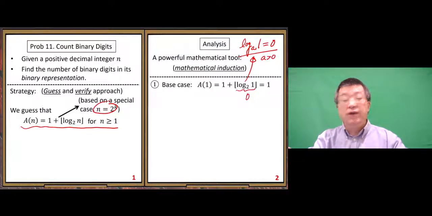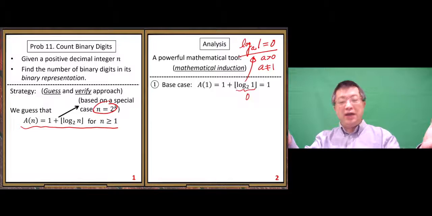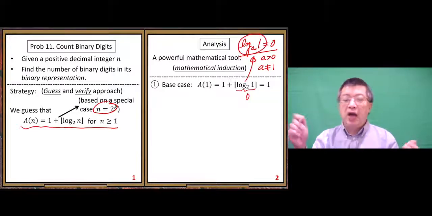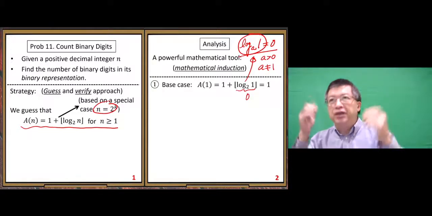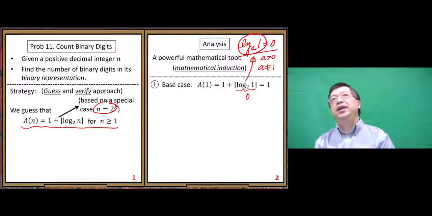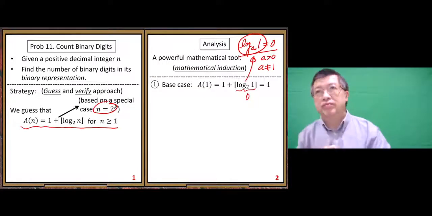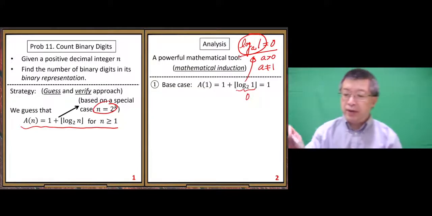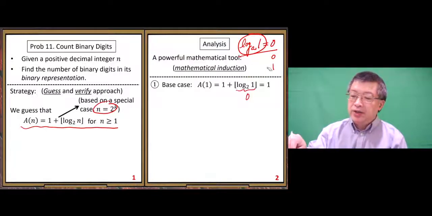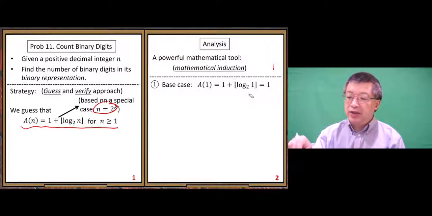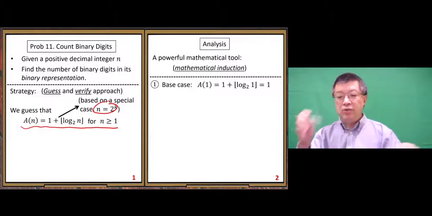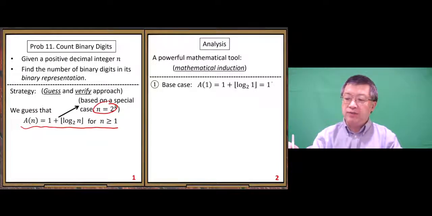A greater than 0, that's the first condition. Second, a cannot be 1. Otherwise, this log expression is not defined. I just remind you of that basic property. So here we get this number 1, so we verify the base case.